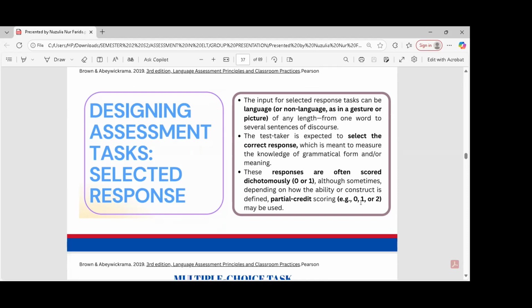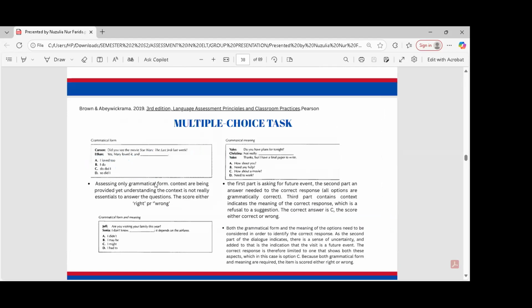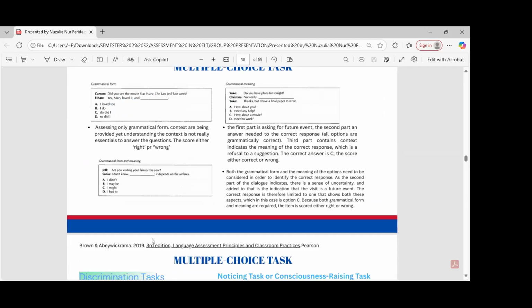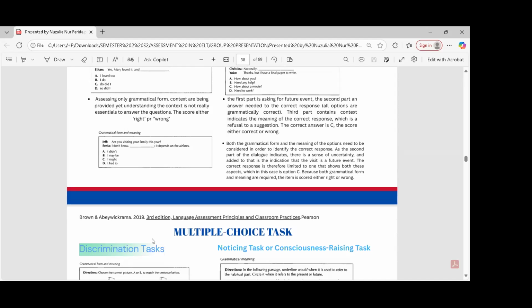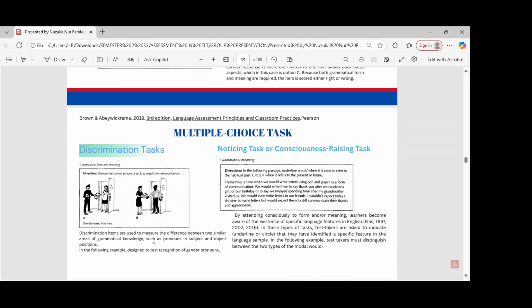Yeah, these are examples of multiple choice tasks for the grammatical form. So for grammatical forms, it does not really need understanding of the context, because the need is only for the grammatical form. And here are examples of multiple choice tasks in grammatical meaning, and here are examples of tasks for grammatical form and meaning.